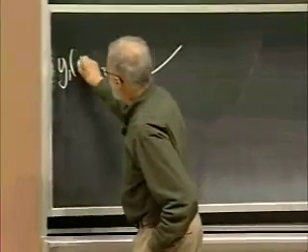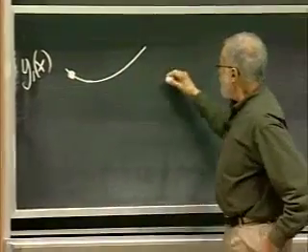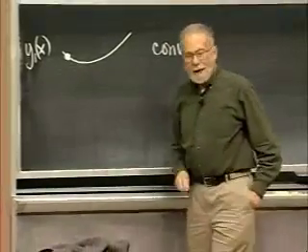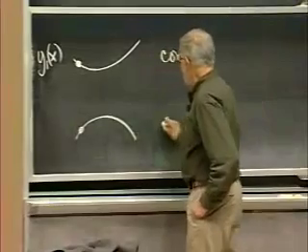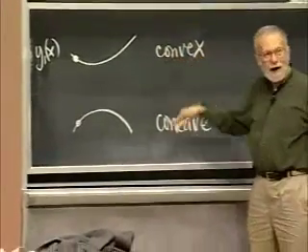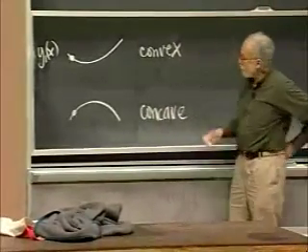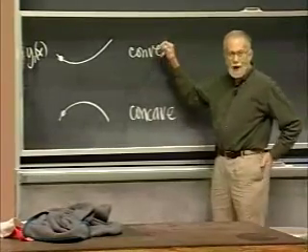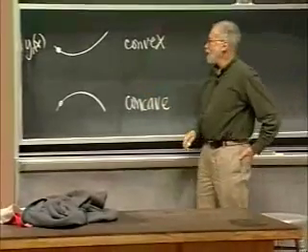Let's call it y1 of x, and let's say here was the starting point. Here the solution is convex, and here the solution is concave. Concave up and concave down, if you learned those words. But I think those have by now, I hope, pretty well disappeared from the curriculum. Call it, if you haven't up till now, what mathematicians call it. Convex is that, and the other one is concave.